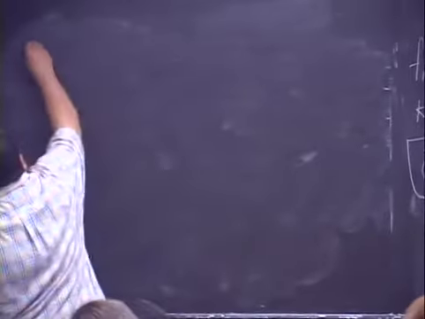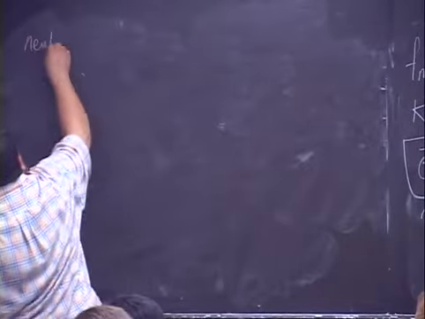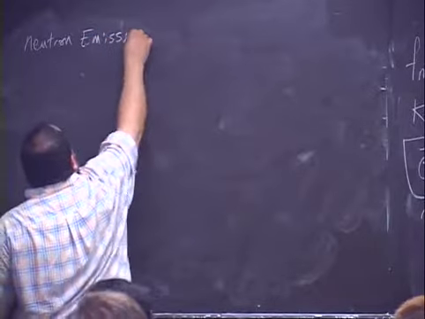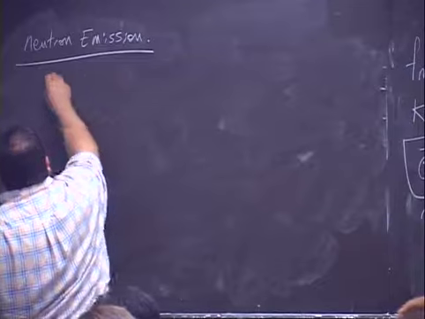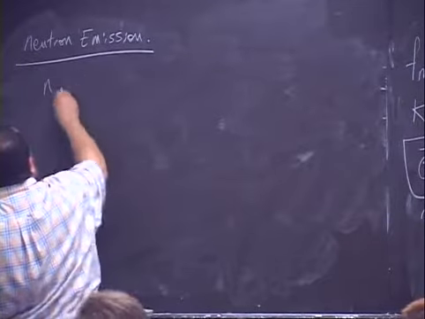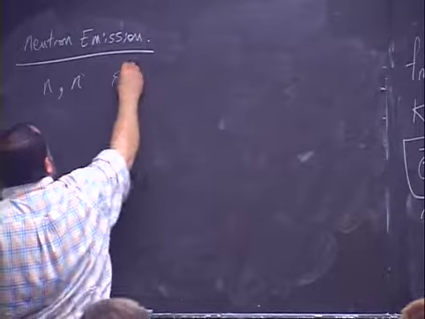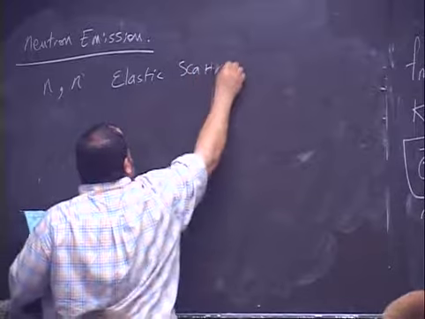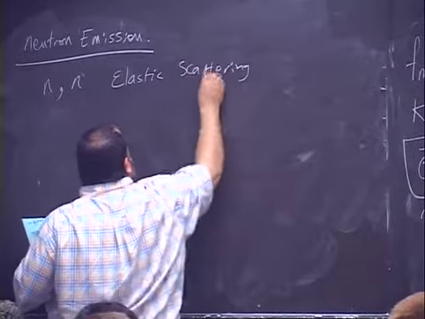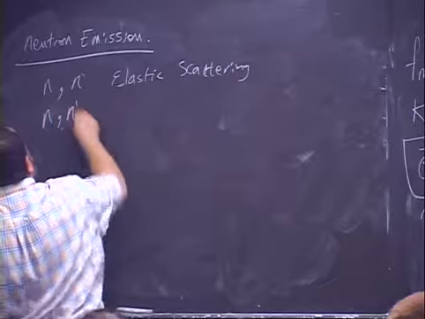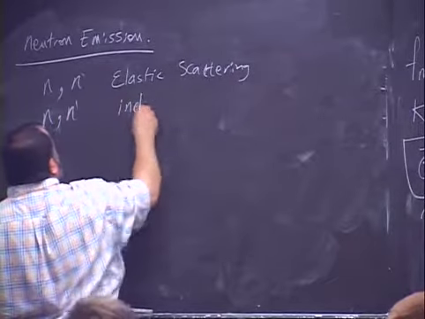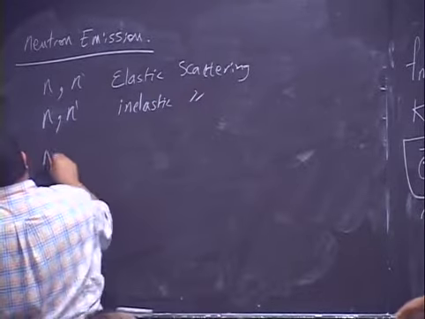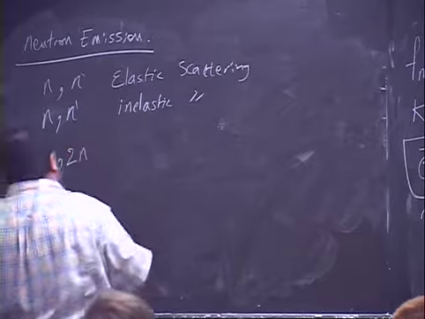There is (n,n), which we usually call elastic scattering, and there is (n,n'), which we call inelastic scattering. There is (n,2n), and (n,3n), and so on.